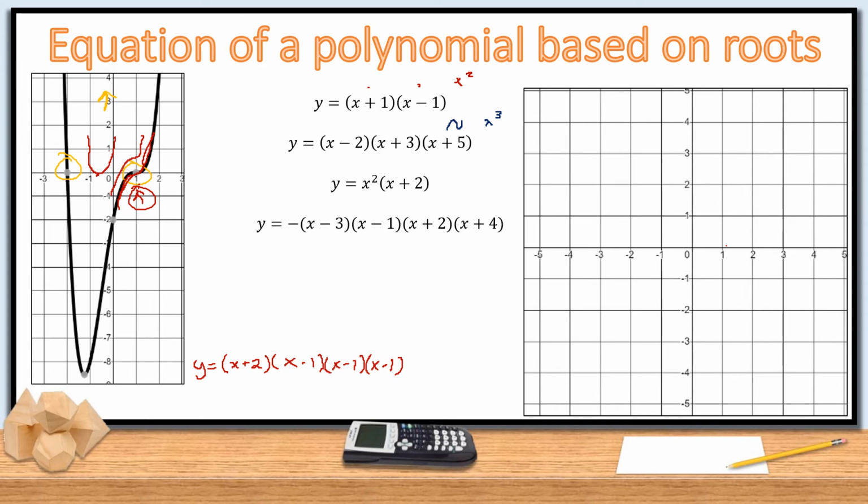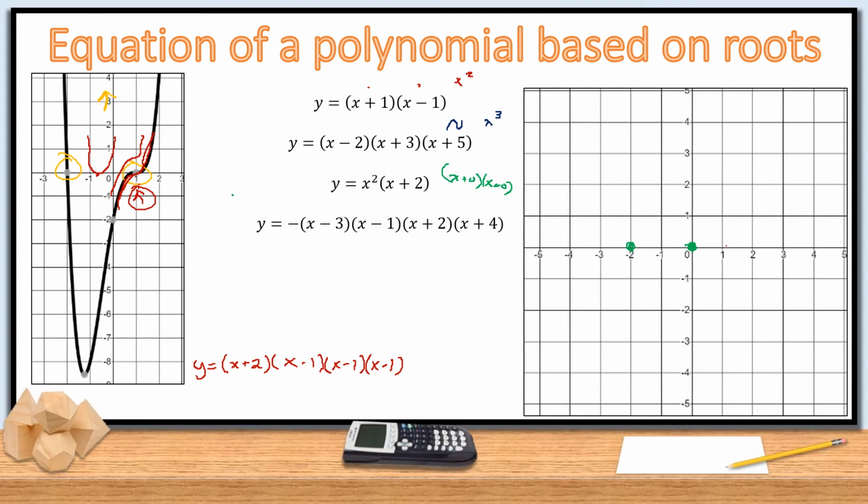All right, the third one, we've got x squared and x plus 2. Remember, x squared is the same as x plus 0 times x plus 0. So it just means that there's going to be a zero at x equals 0, and then x equals minus 2. Now, because there's 2 x equals 0s, that's in fact going to be a turning point.